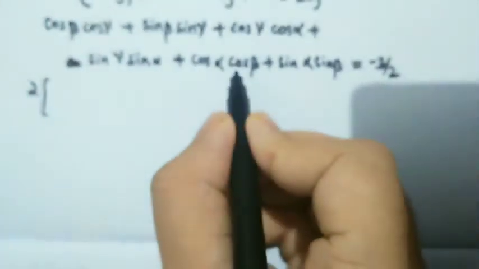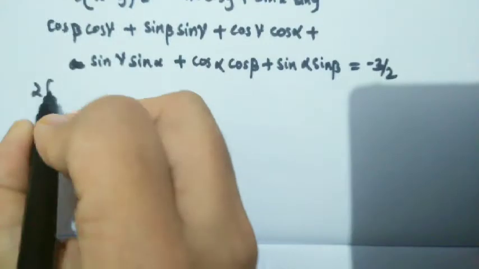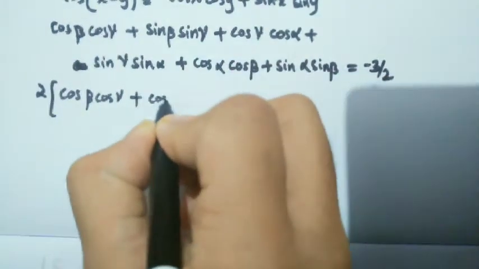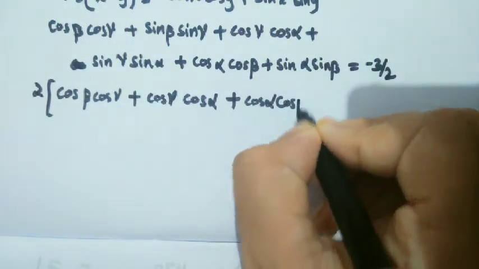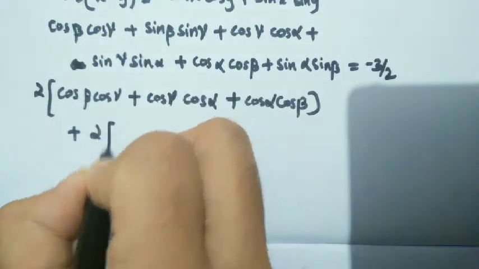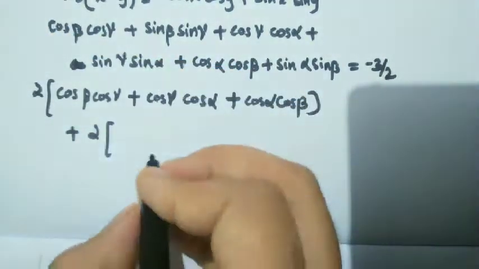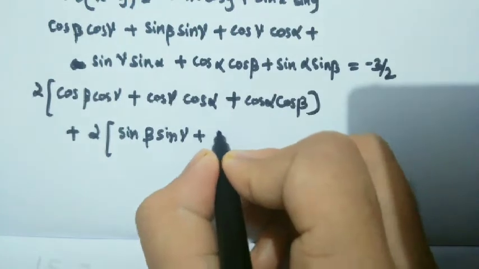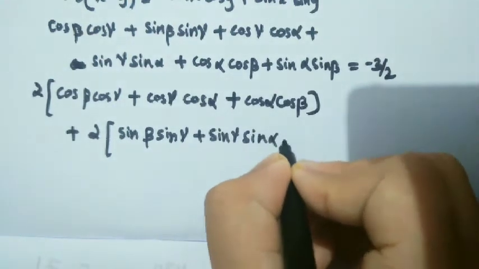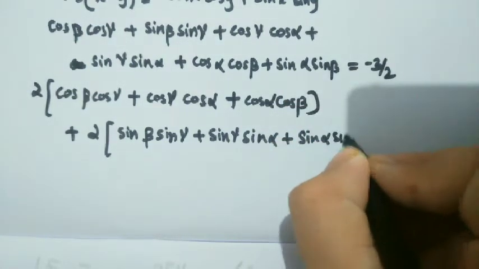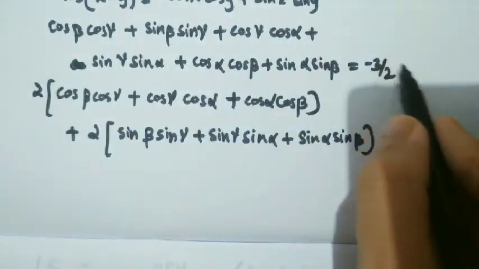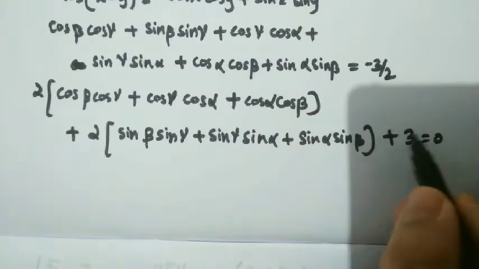Taking all cos terms to one side and sin terms to the other, I get 2 into (cos beta cos gamma plus cos gamma cos alpha plus cos alpha cos beta) plus 2 into the sine terms, sin beta sin gamma plus sin gamma sin alpha plus sin alpha sin beta, plus 3 equal to 0, because when I multiplied by 2, the minus 3 remained and moved to this side as plus 3.